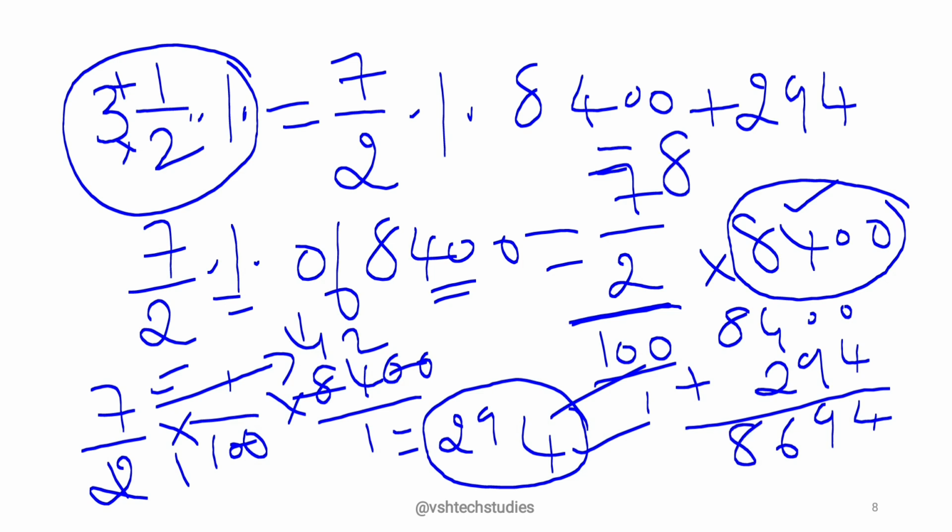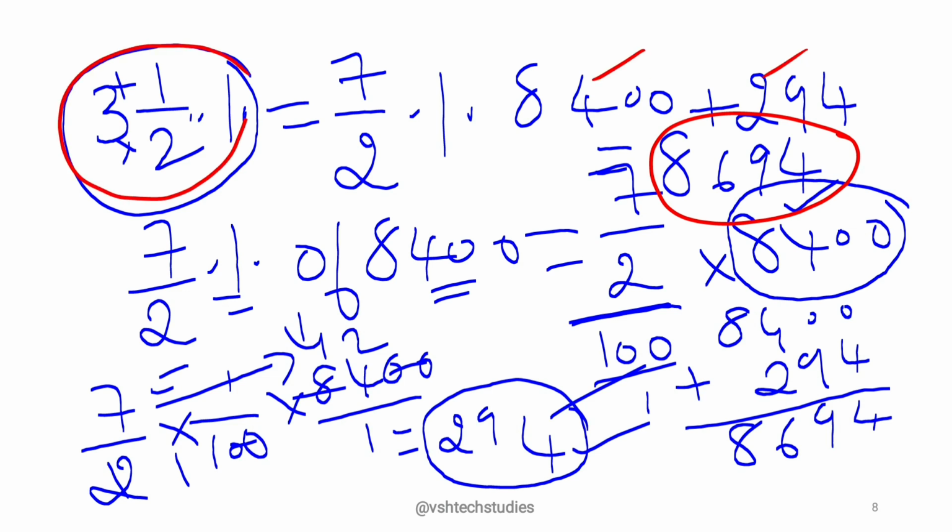So that is equal to 8694. So this is the actual price of the article, which includes marked price plus tax amount according to the old tax rate. So this is the first half of the problem.